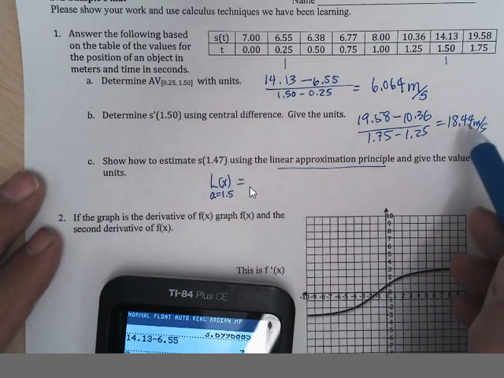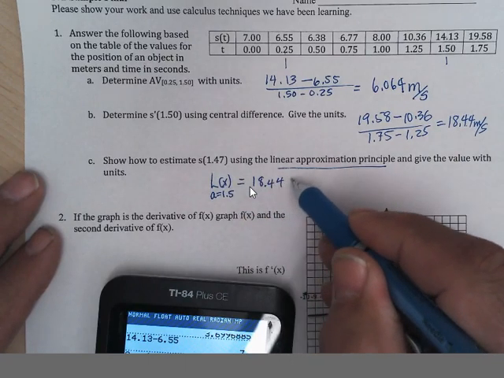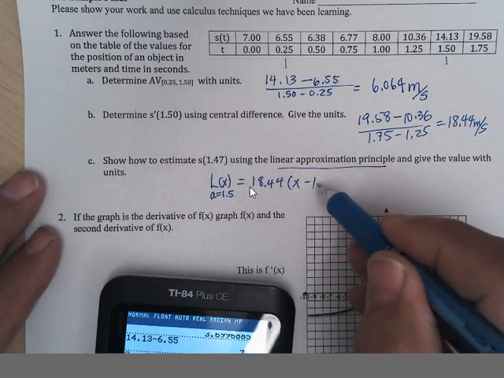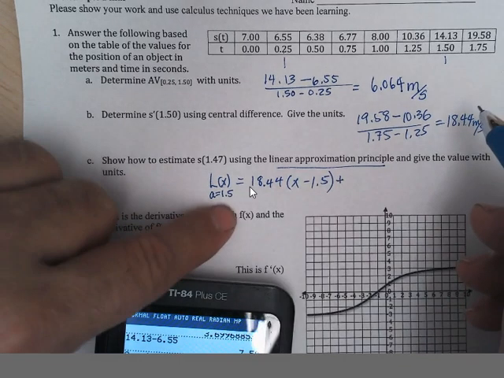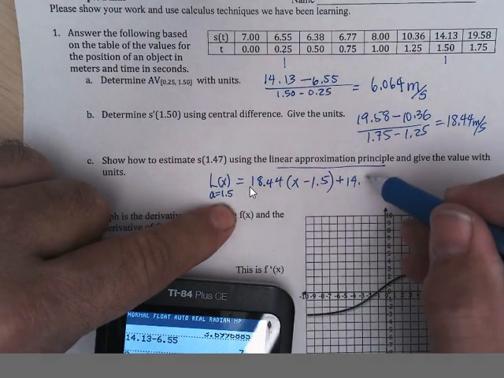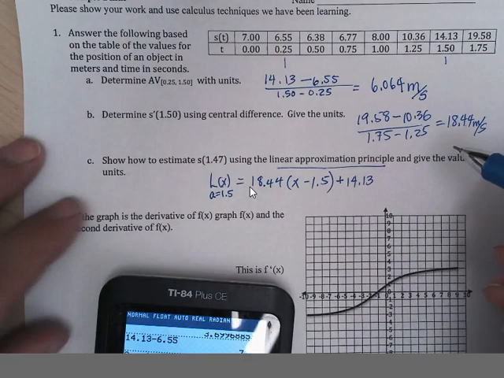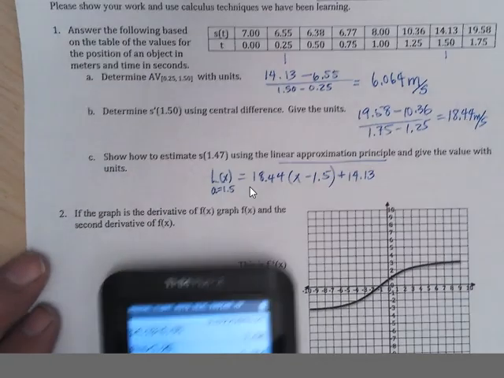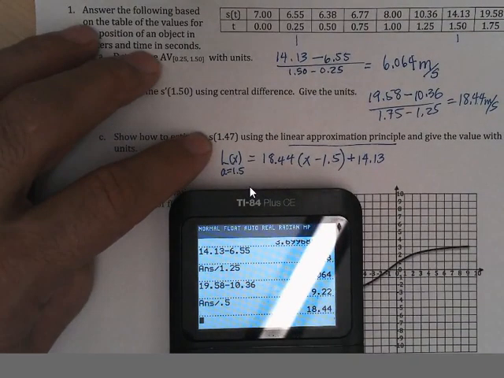And so the slope at 1.5 was 18.44 times x minus 1.5 plus the y value at 1.5, which was 14.13. And now we're going to use this to find at 1.47.